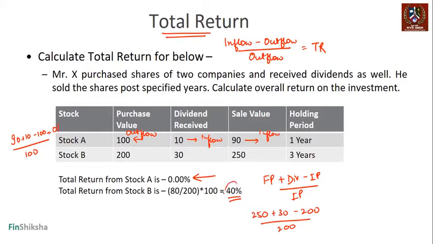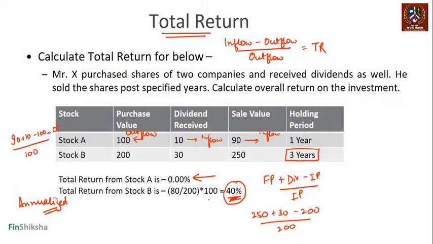It appears like 40% is good, but also note that 40% is over 3 years. So now you will extend this calculation into what is typically known as annual return. You want to find out the equivalent annualized return you would have made in order to get to 40%.